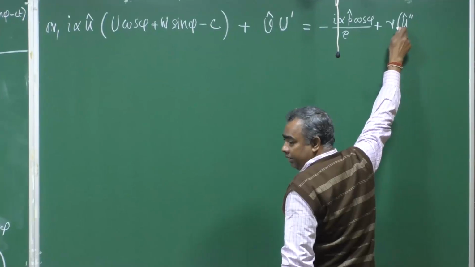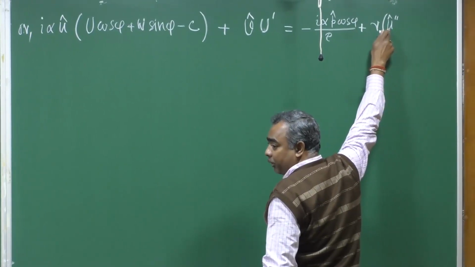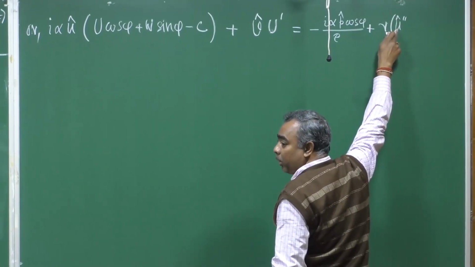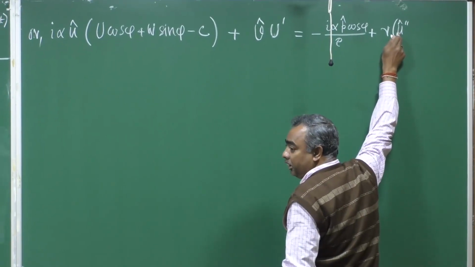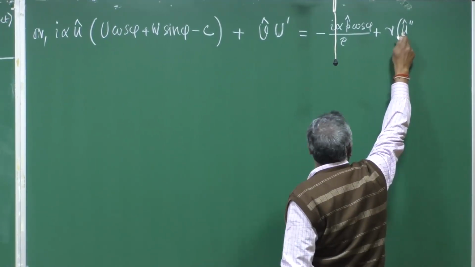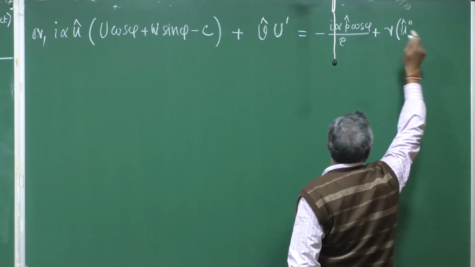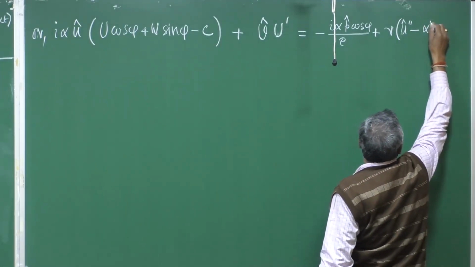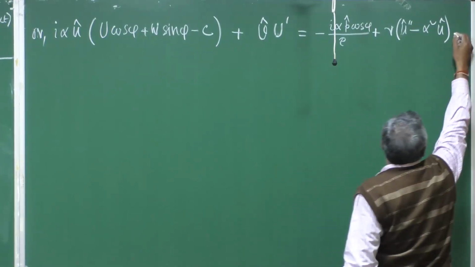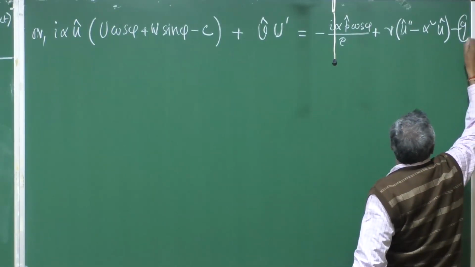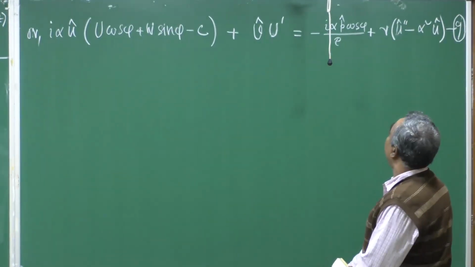It is once again a derivative with respect to y only, and u hat is only a function of y. So, this is the total derivative, d2 u hat dy2 minus alpha square u hat. Let us call this equation 9.